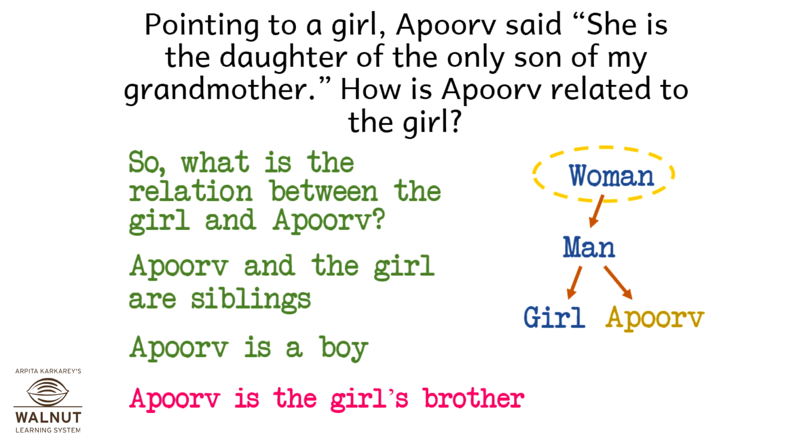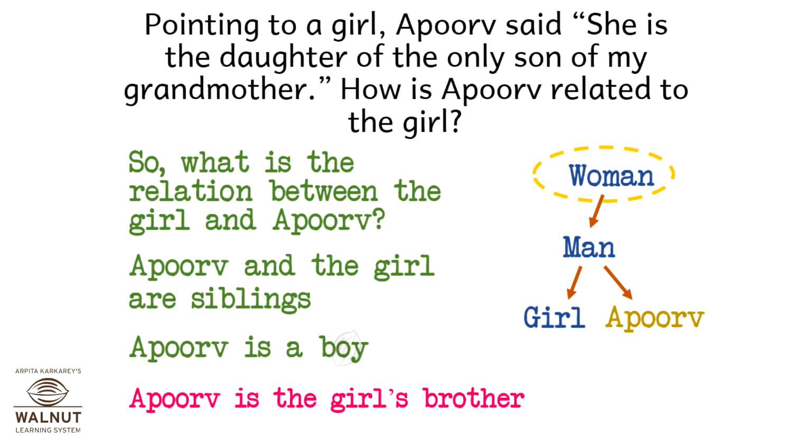So we write man who is the girl's father. We draw an arrow. Then we know the only son of Apurv's grandmother has a mother called woman. Let's call her woman. And we draw an arrow.